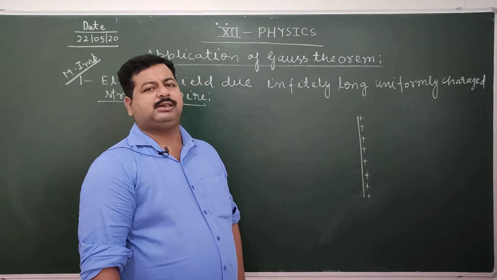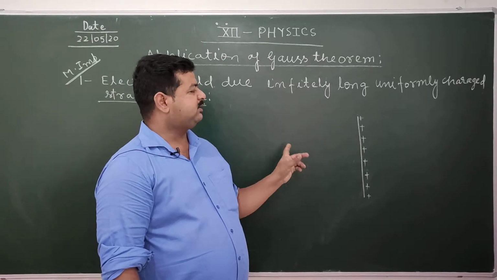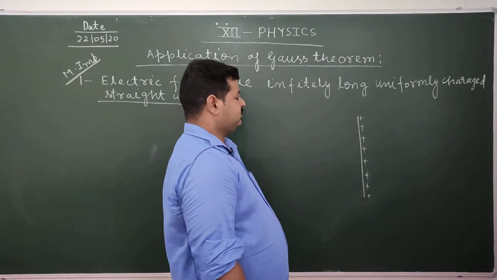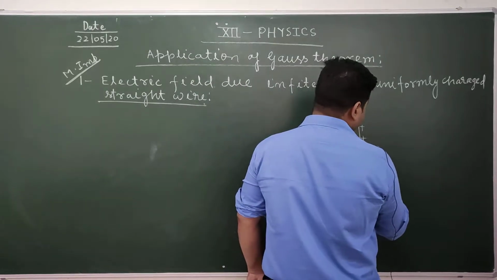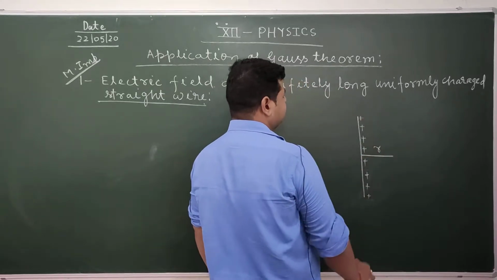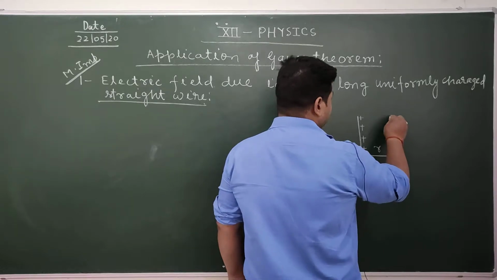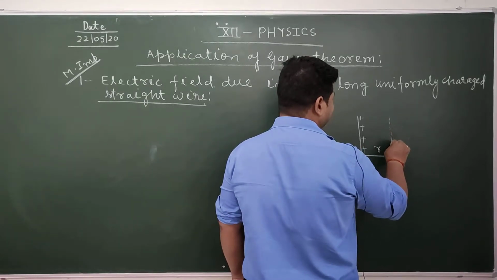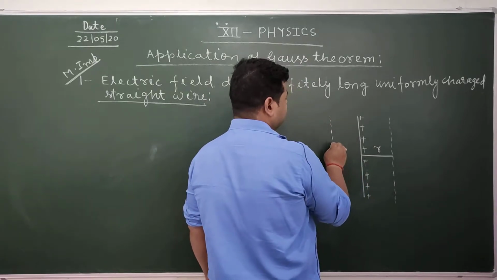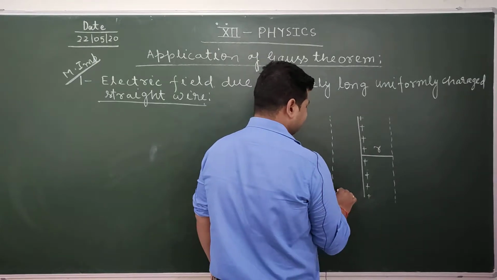The straight wire has the shape of a cylinder, so we make an imaginary closed surface like a cylinder. Let us assume that we have to calculate electric field due to this straight wire at a distance r. Due to symmetry, we make a closed cylindrical surface around the straight wire.